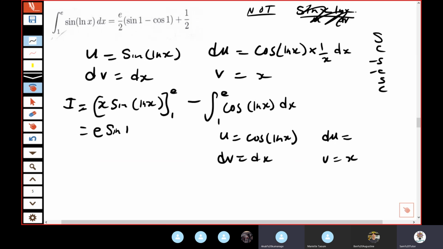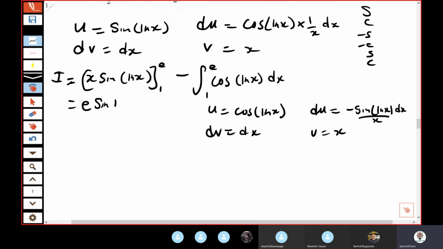Who wants to try this one out? Minus sin(ln x)... over x, yeah. You've got to multiply by the derivative of ln x, which is 1 on x, so all over x. Perfect. And look, it's going to repeat.